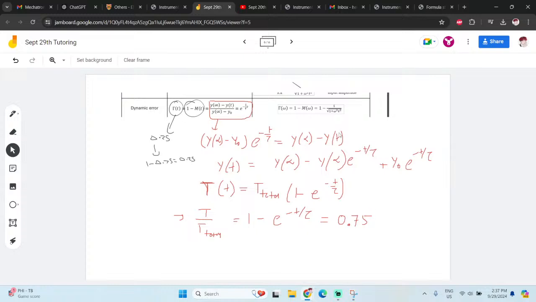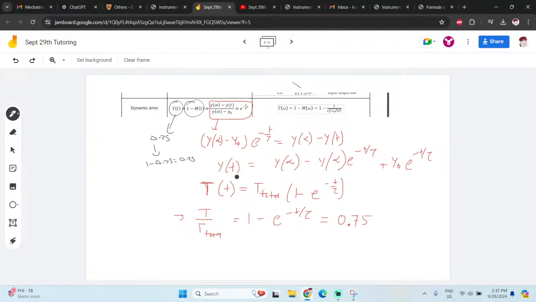Wait, where did this equation come from? The one that you wrote? That's the response equation, the first order response solution. When you solve the first order equation, you will get this one.